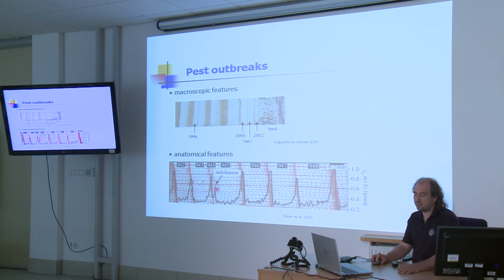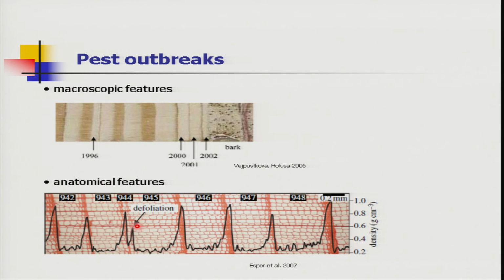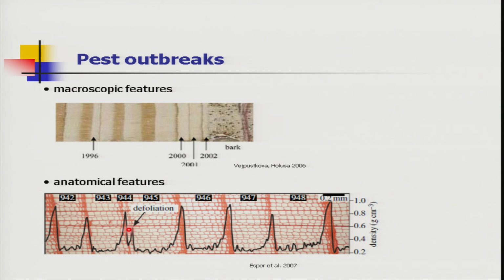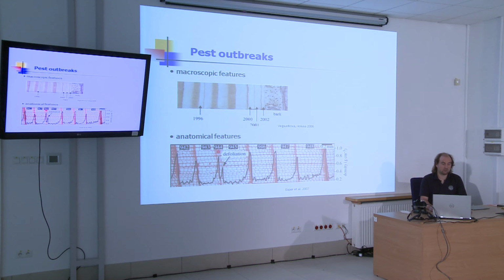Here we can see a small increase, which on one hand could be assessed as an intra-annual density fluctuation, but if we look closer and analyze this situation, it appears that it's not a fluctuation within 1 year. This is totally another ring, a ring that was formed in 1944.